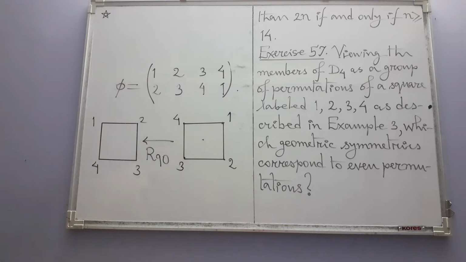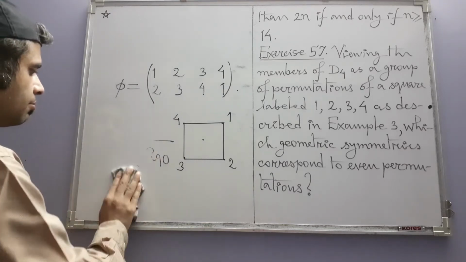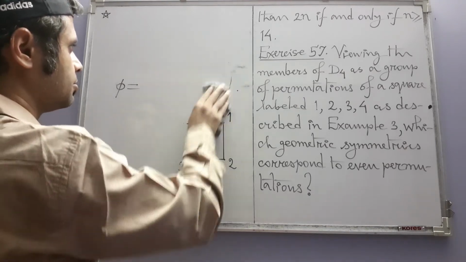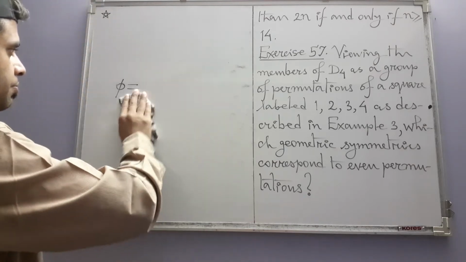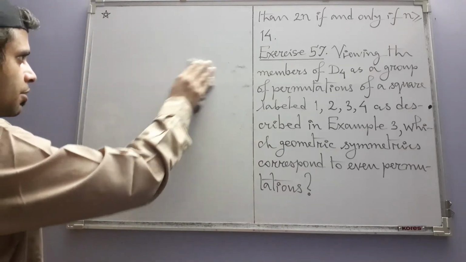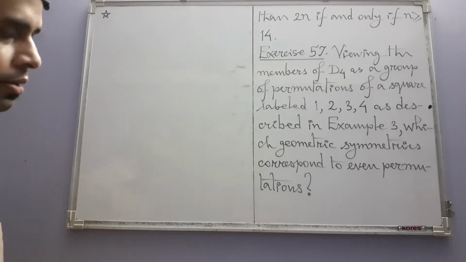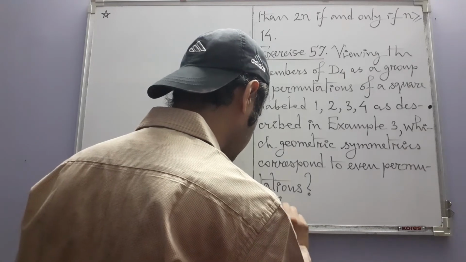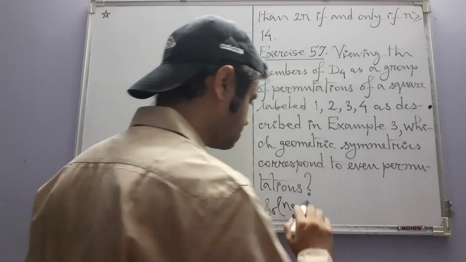So that is the interpretation, and based on this you have to figure out which geometric transformations correspond to odd permutations, and it turns out that the ones that do are these.